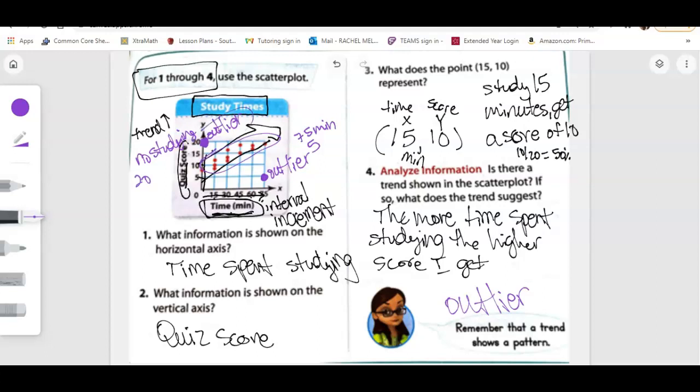So I also would be looking at that person going, let me make sure that that person didn't cheat, or let me make sure that that person really understands what's going on. I want to know, how did you get that 100% without studying? So that's what outliers are, and that's why we look at them.